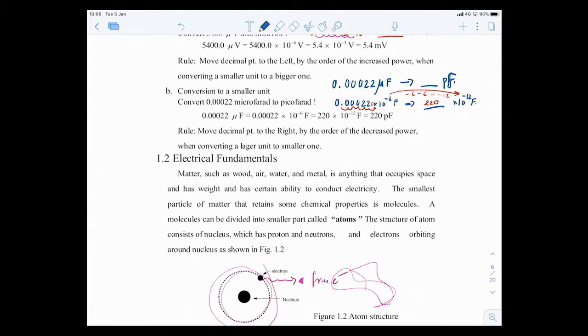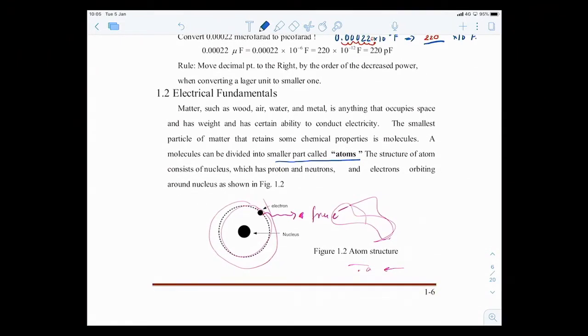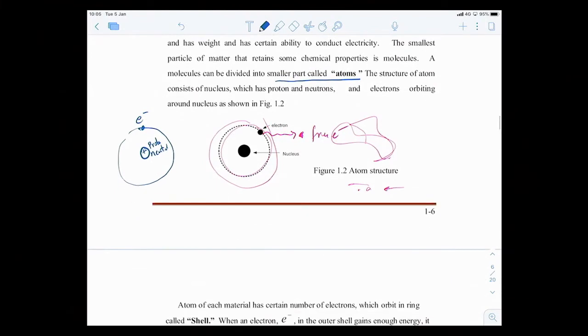There are molecules, and molecules are also divided into something smaller that we call atoms, and an atom consists of a nucleus in the middle, and some electrons orbiting around that nucleus. The nucleus consists of protons and neutrons. We learned that the proton has a positive charge, the electron has a negative charge, and the neutron has no charge. That's what we learned as basic science in high school.